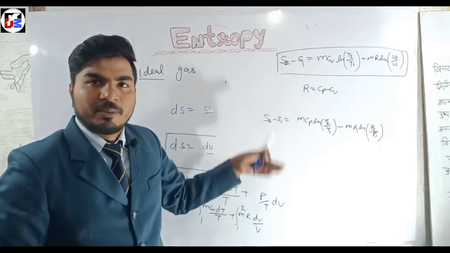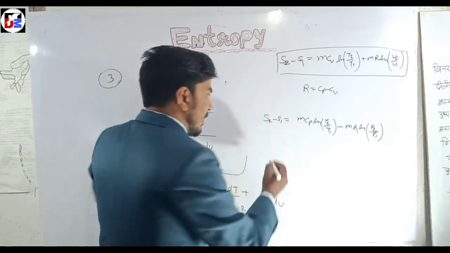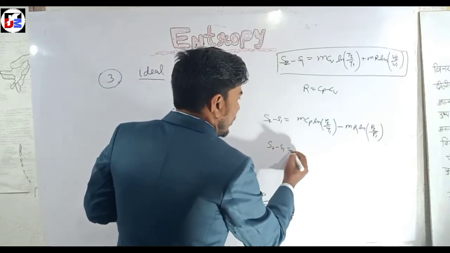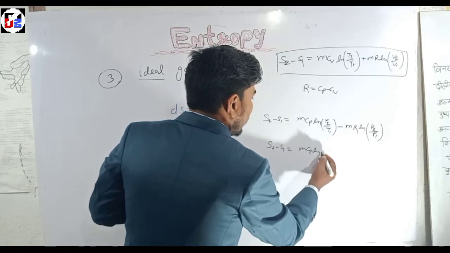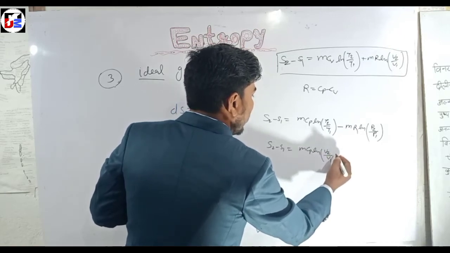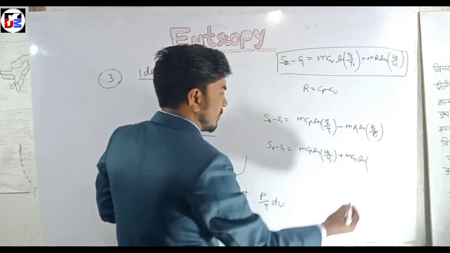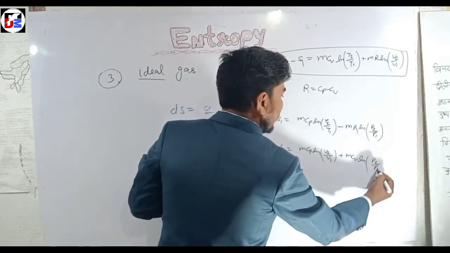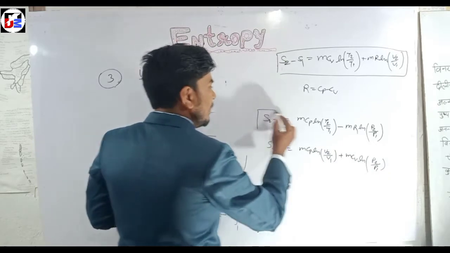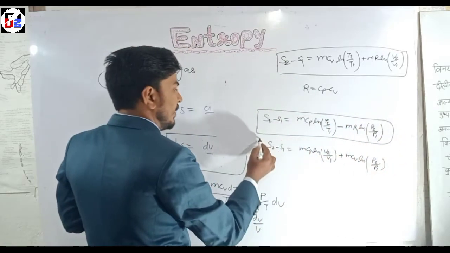You can practice this thing. S2 minus S1 is m Cp ln V2 upon V1 plus m Cv ln P2 upon P1. There are three equations we get.